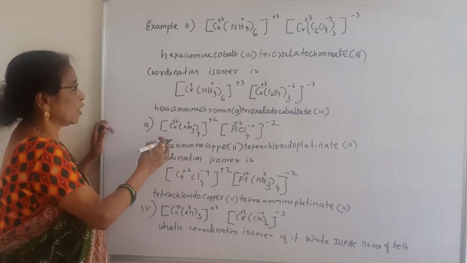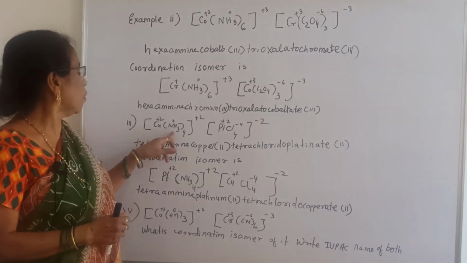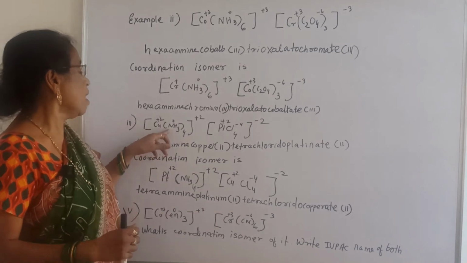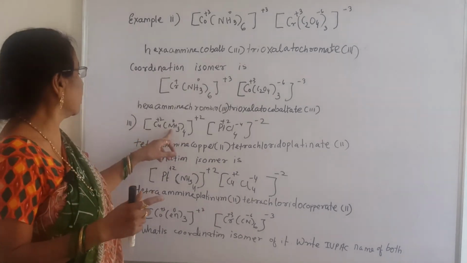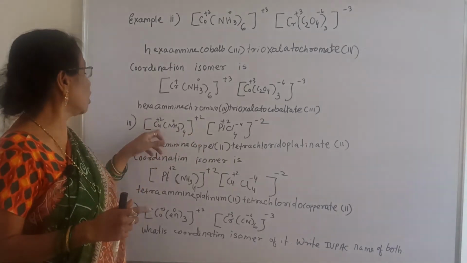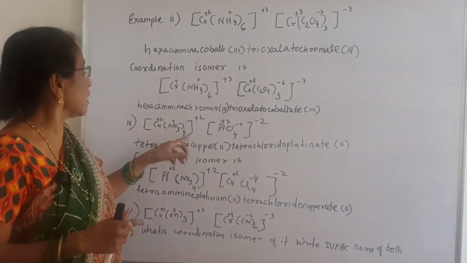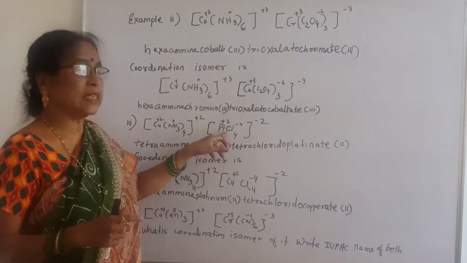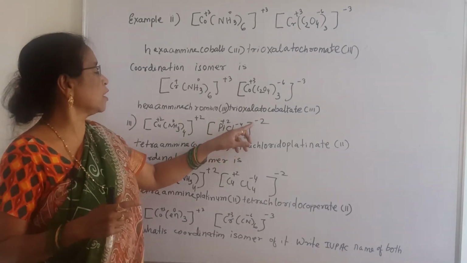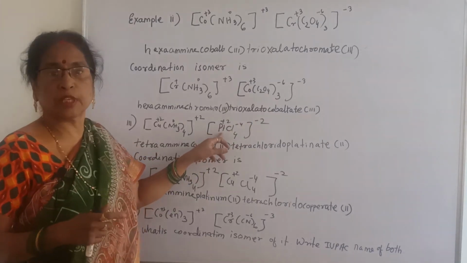What do you do for the coordination isomer? You take Pt here. Here, four ammonia molecules are attached to copper, where the ammonia molecule is neutral, so the charge here is +2 and the overall charge of this coordination complex is +2, so it is a cationic complex. Now PtCl4, chloride ion is -1, -4, so the charge here is -2, because the oxidation number of platinum is +2.